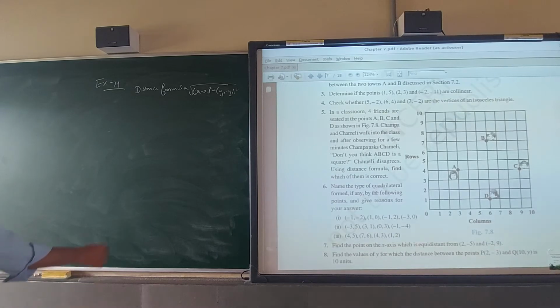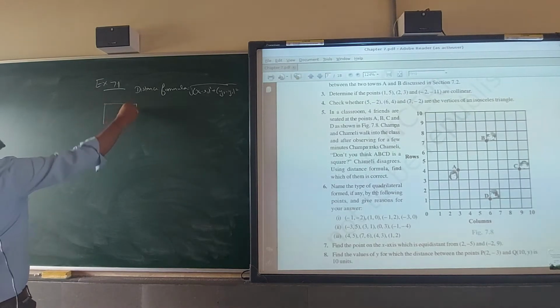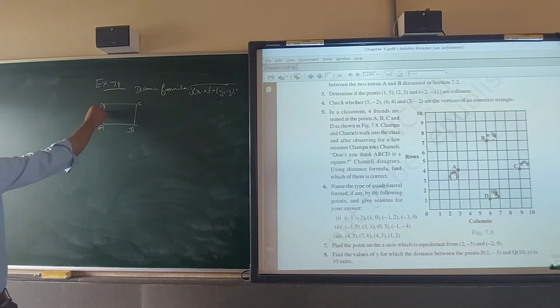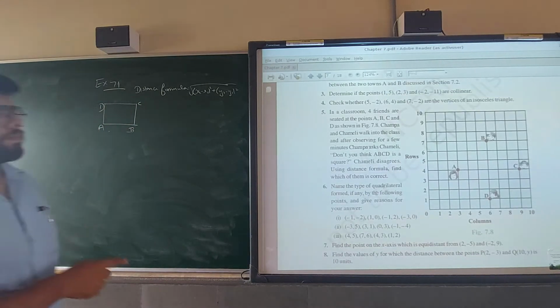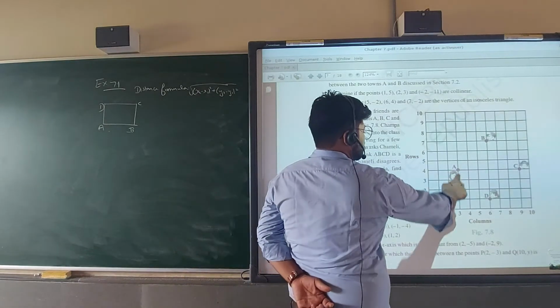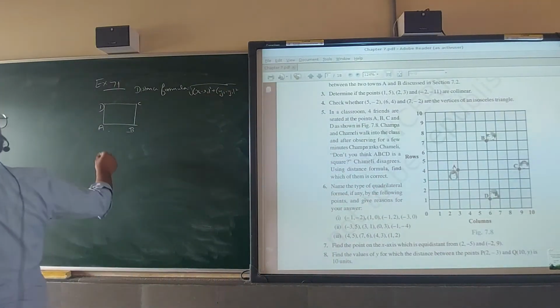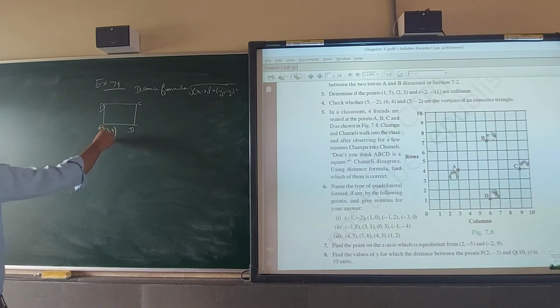Okay, so if I mark the points here as ABCD, what is the point A? Here x will be 3, y will be 4, so A is 3 comma 4.